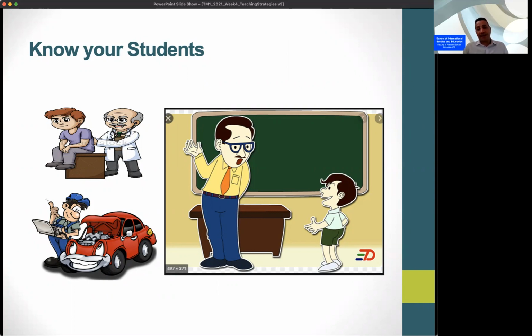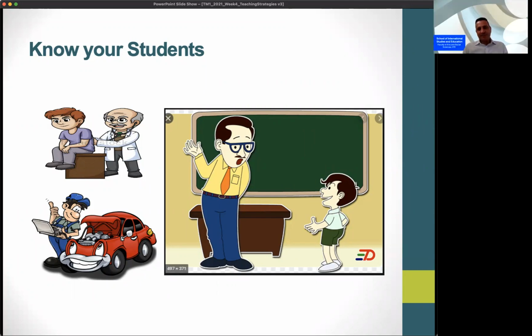Similarly, for the case of the mechanic, we often take our car to be serviced, but before the mechanic can actually commence with the servicing of the car, he or she will need to understand what is going on. Actually, there's a way of thinking about this, I suppose, as teaching and assessment go together just as much as teaching and learning. Absolutely.